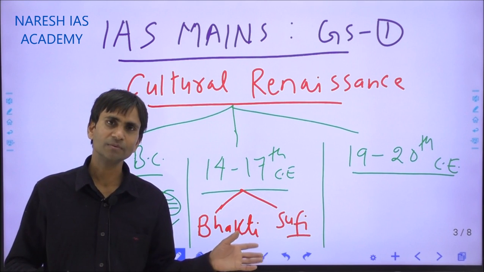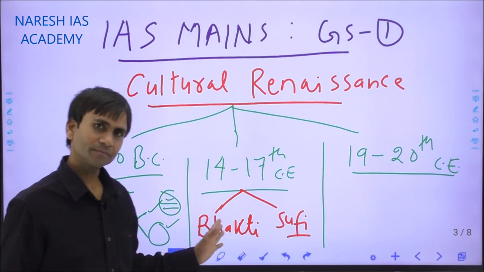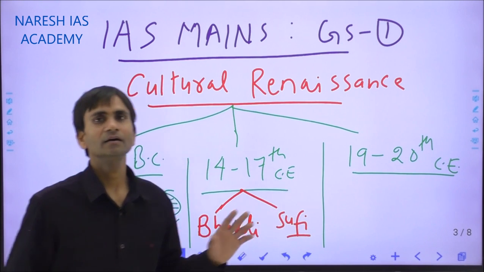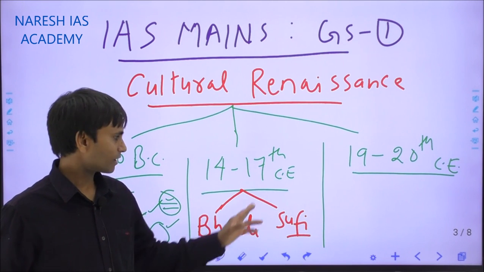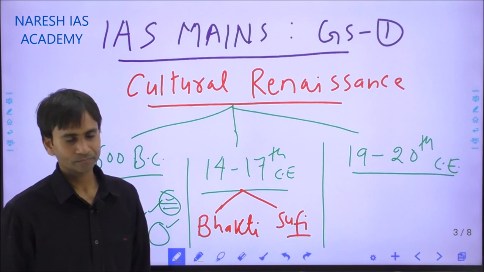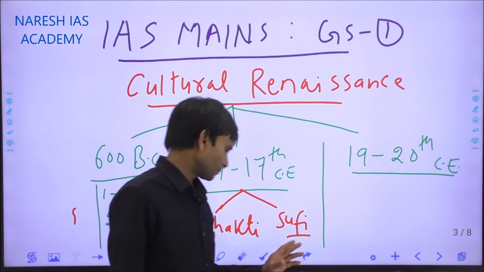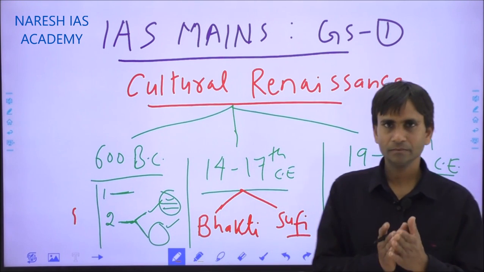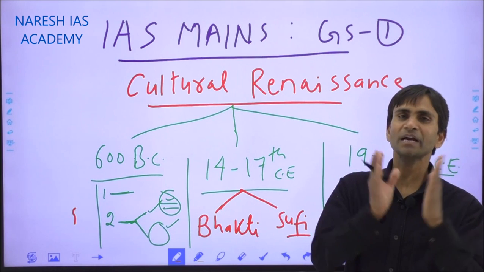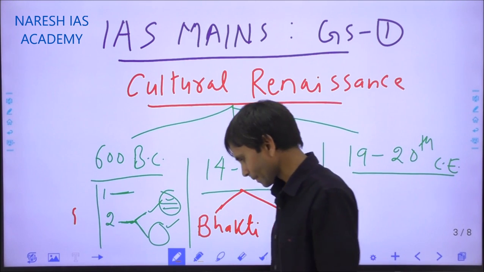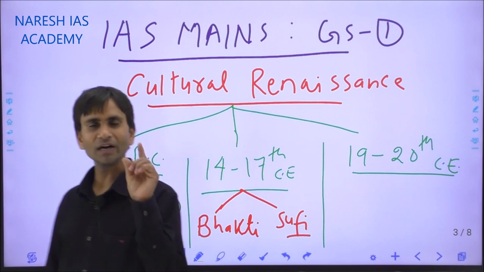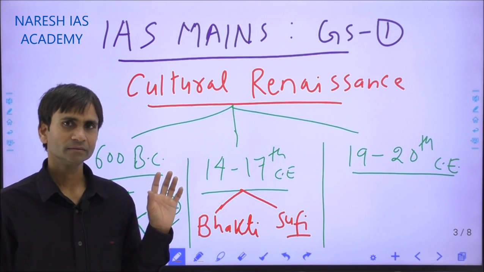In Hinduism, these were the priests and the leaders of the religious sects, and in Islam, these were the Maulvis. So now we have to understand mainly three aspects of the Bhakti and Sufi movement. First, what was the nature of the Bhakti and Sufi movement?